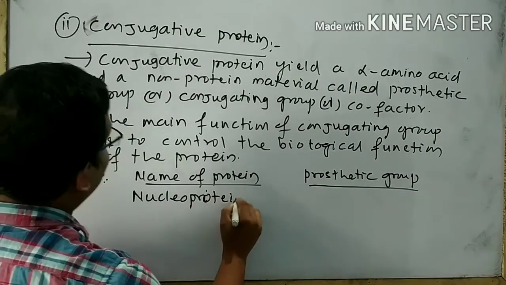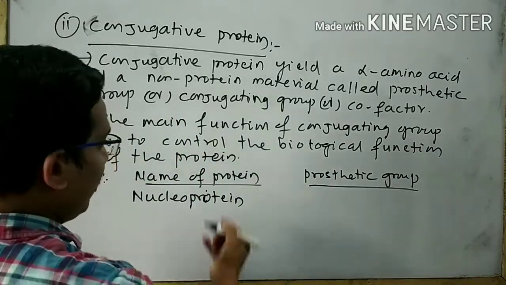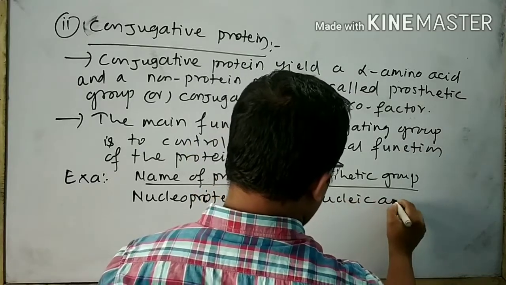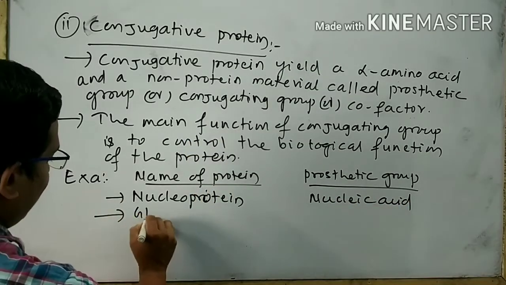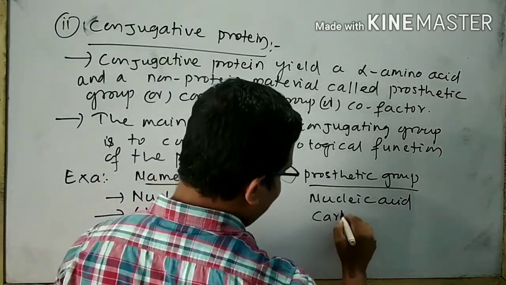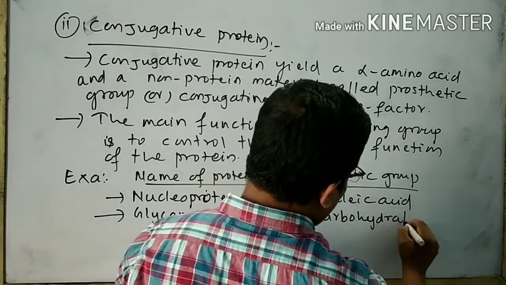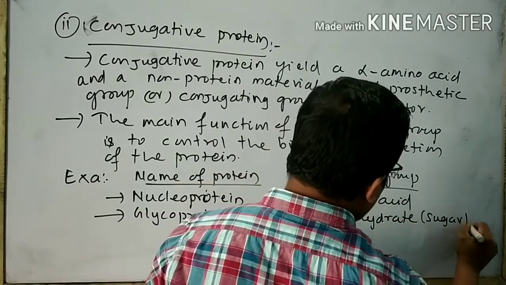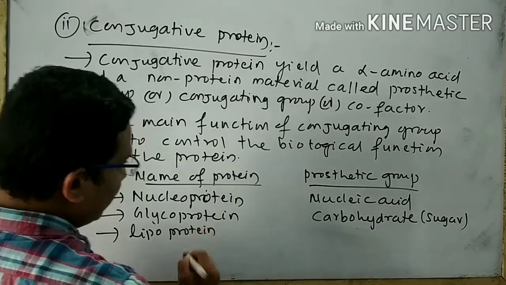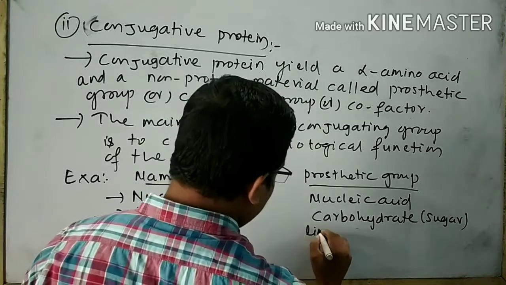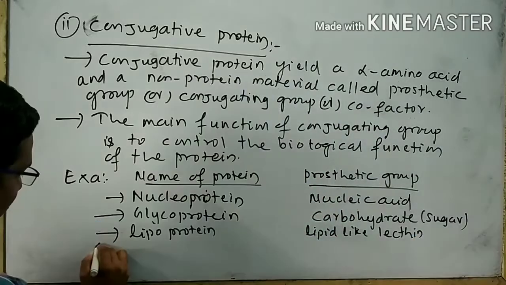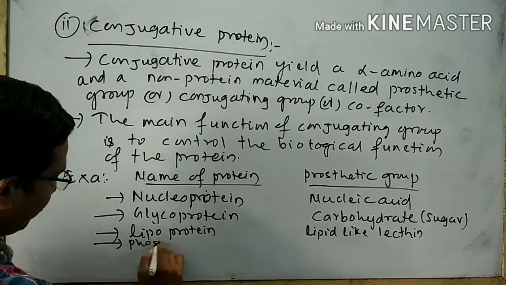Nucleoprotein is a conjugative protein. Here the prosthetic group is nucleic acid. Next is glycoprotein. Here the prosthetic group is carbohydrate, generally think about the sugar carbohydrate. Next is lipoprotein. Here the prosthetic group is lipid like lecithin. Next is phosphoprotein.